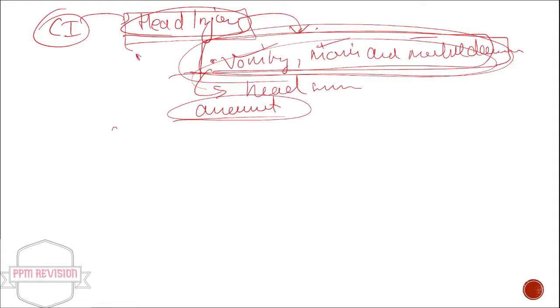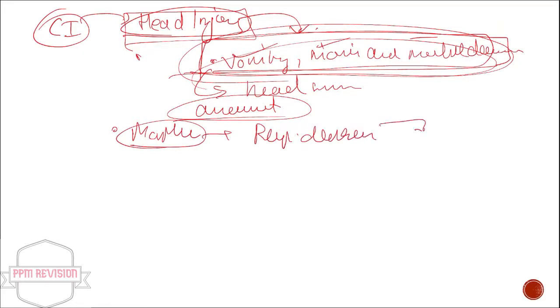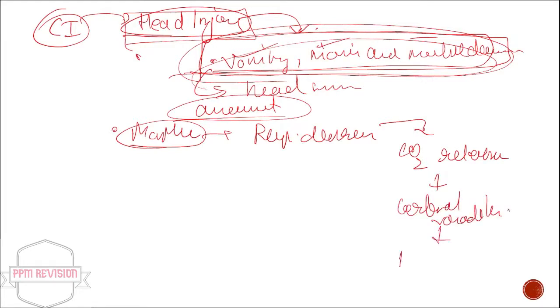Another point to note is morphine can result in respiratory depression, can result in carbon dioxide retention, can result in cerebral vasodilation, and can increase intracranial tension as well.